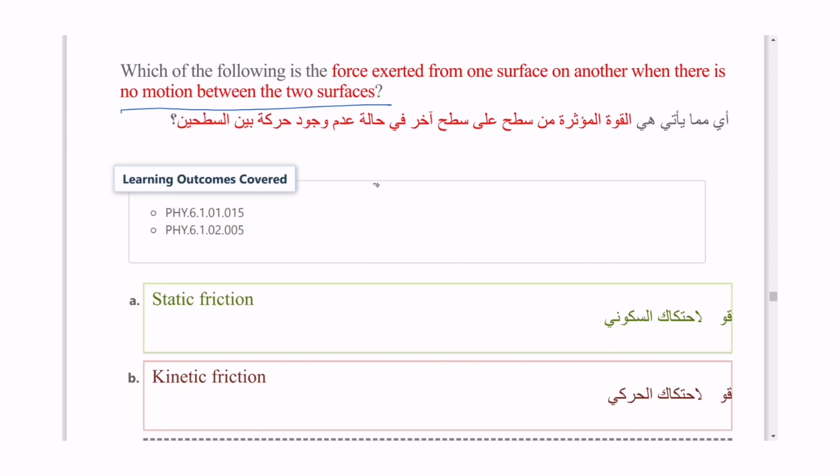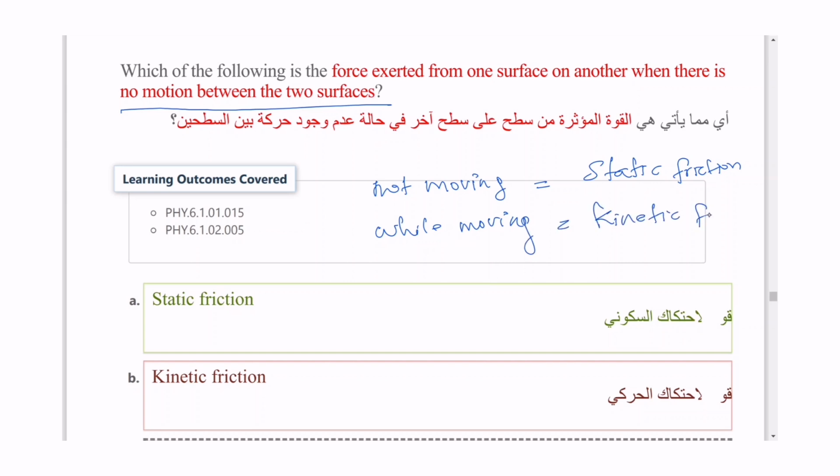The friction acting when the object is not moving is called static friction. And the friction acting while the object is moving is called kinetic friction.